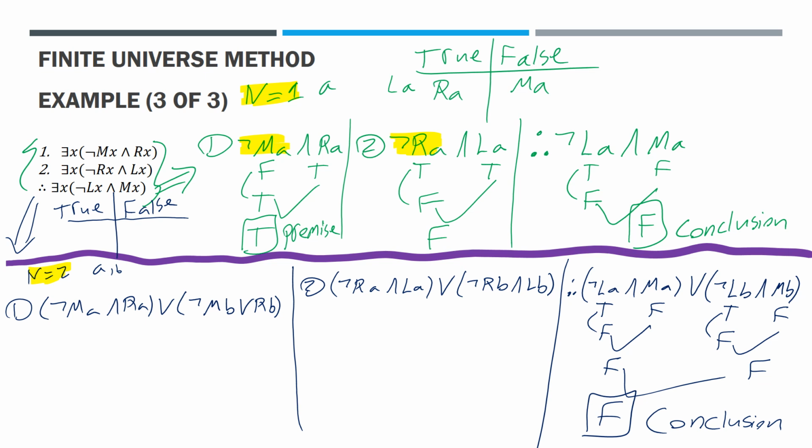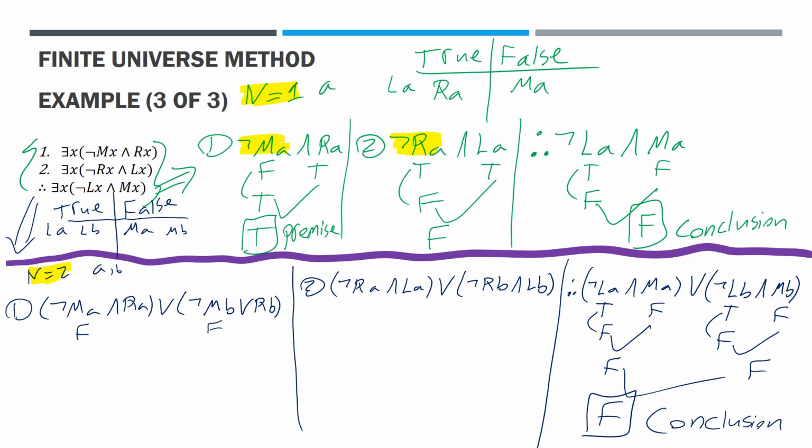So I am saying LA is true, LB is true, MA is false, and MB is false. Now let's work on the first premise. So MA is false, RA we haven't decided yet, MB is false.